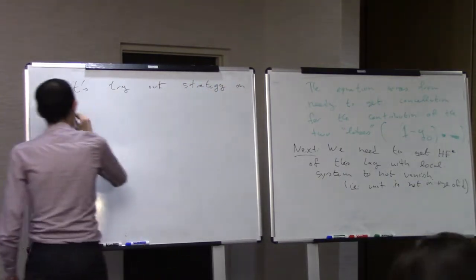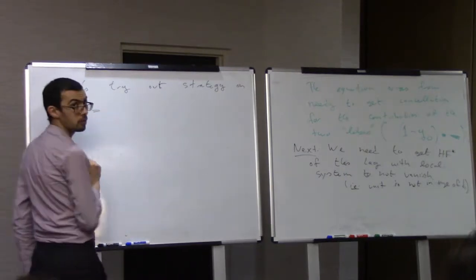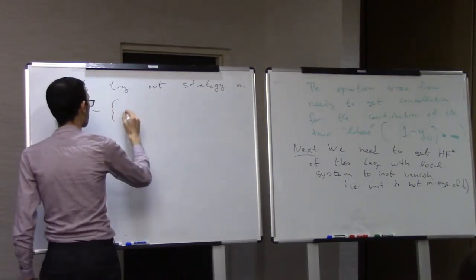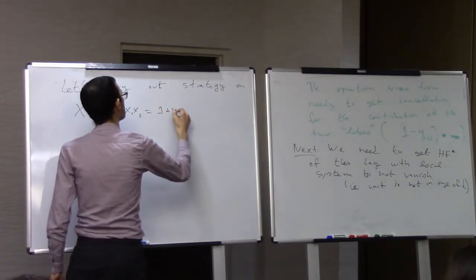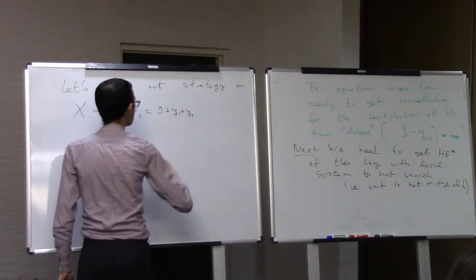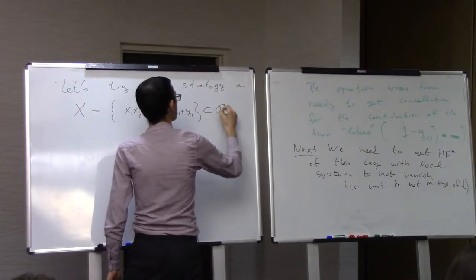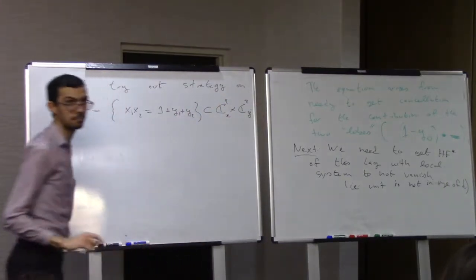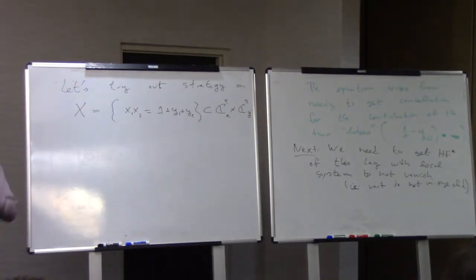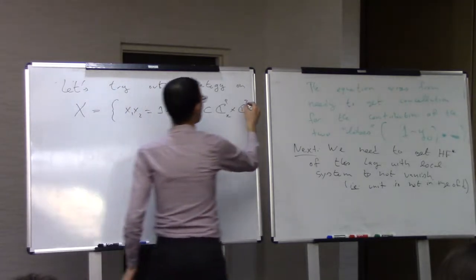On now the symplectic manifold X, which we were going to set to be, I wrote the equation earlier, but I'll do it again: x1 x2 = 1 + y1 + y2 inside C²x × C²y. And again, there are many, many things one could do with this. There's C star. C star, thank you.